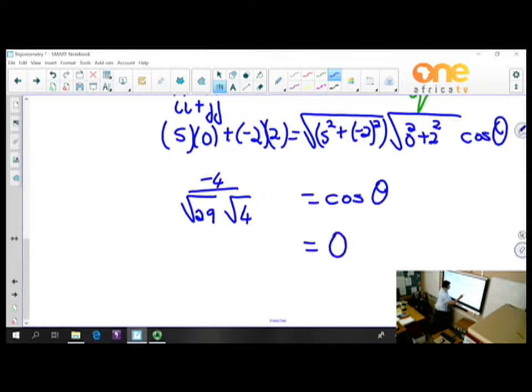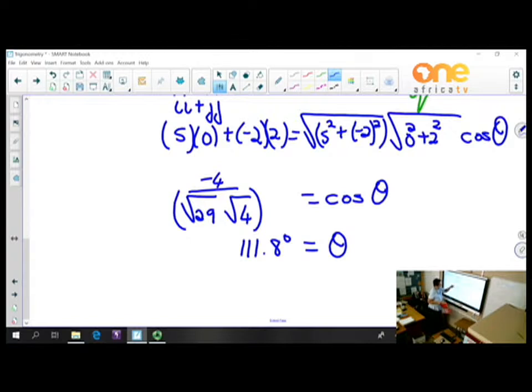And now to get that angle, you will say negative 4 divided by square root of 29 times square root 4, and then remember to find the angle, it's a second function. So you have to press second function cosine to get the angle there. And this angle is then 111.8 degrees. Try it on your calculator and see if you get the same answer.